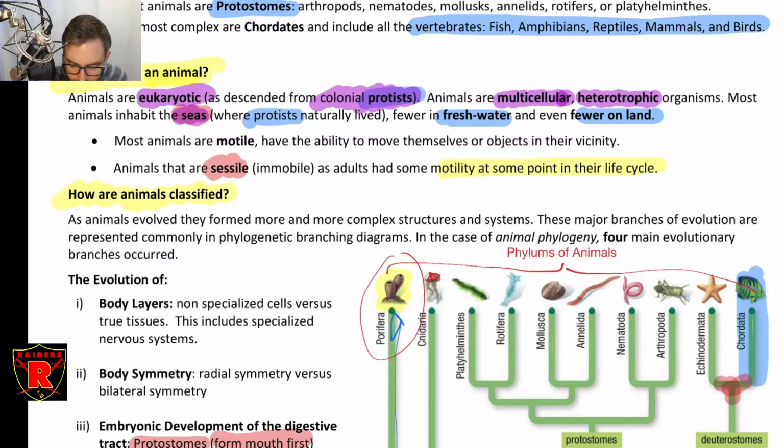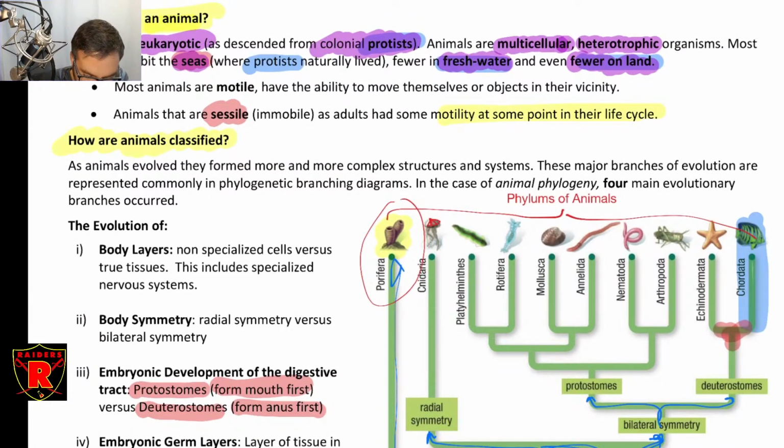Other than that, there are slightly fewer in freshwater, but freshwater ecosystems are the next most diverse ecosystem for animals. And then land is the least diverse, although again we tend to think of it as being diverse because we're from the land, but it is, in terms of pure numbers, by far the least diverse place to find animals.